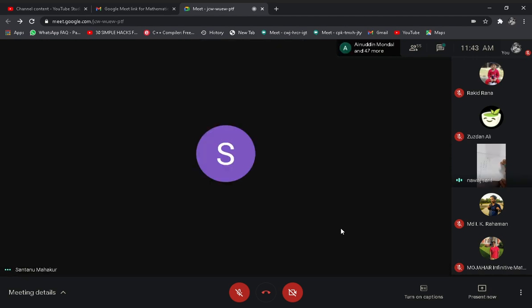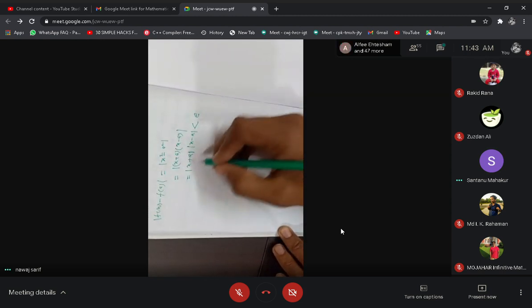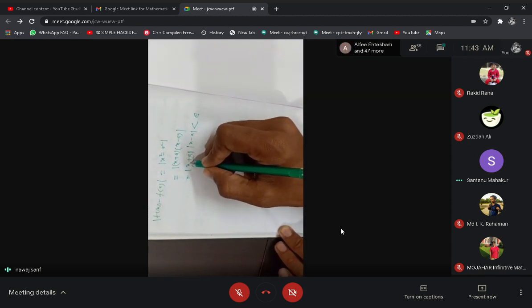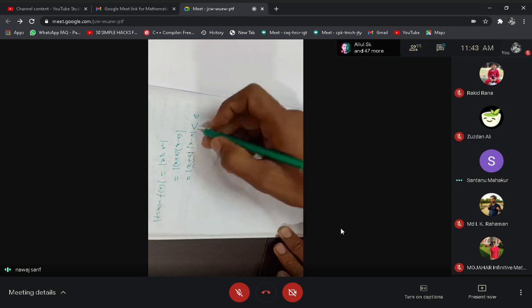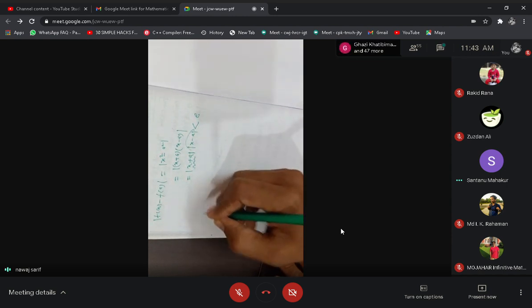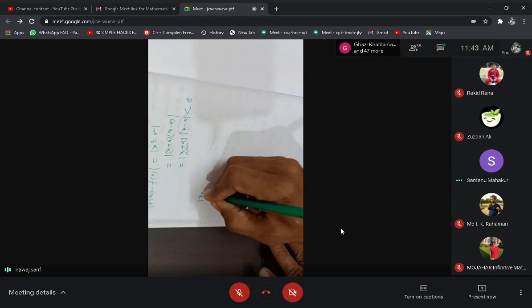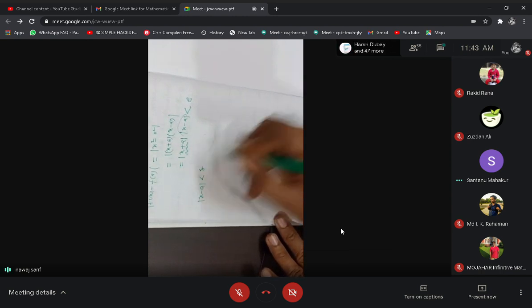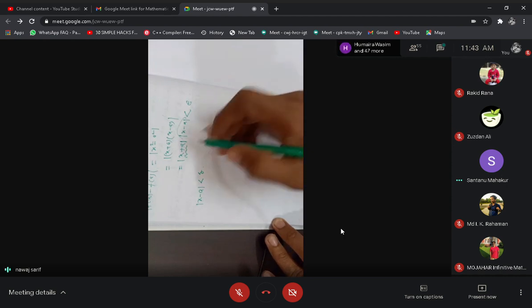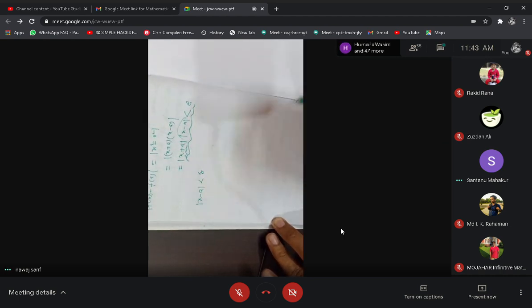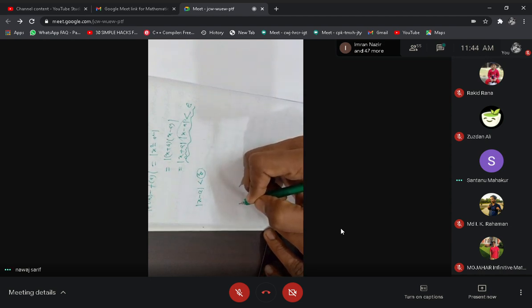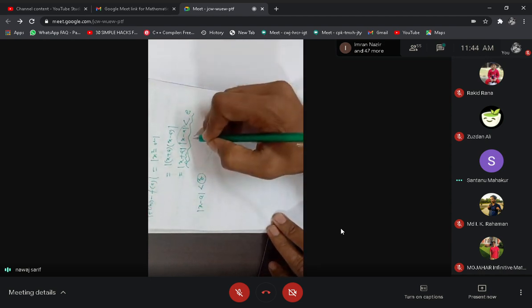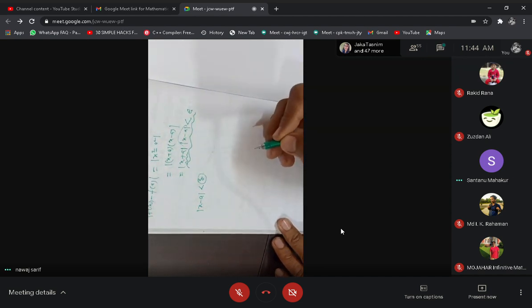That means this whole term is less than epsilon. So we can choose some delta like that for the term mod of x minus a, and our aim is to choose such a delta that mod of x minus a is less than delta. Then how will this epsilon and delta be related? How can we choose this delta? Can you tell me?